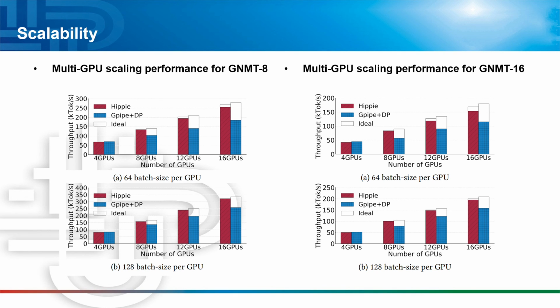Then, the throughput of 16 GPUs in linear scaling should be 4 times. The figure shows the throughput of both approaches and compares it to ideal linear scaling results. As shown in the figure, Hippie can maintain a scaling efficiency of over 90%. In contrast, DP can only keep 60 to 70% scaling efficiency.